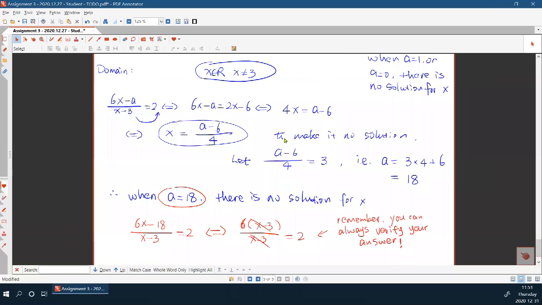In other words, when you solve a value of a and put it in the original equation, and then you solve the value of x, that means there is a solution, right? That means the value of a you get is not correct. Only in this way you can find there is no solution. That means the value of a you get is correct. Okay, remember, you can always verify your answer.